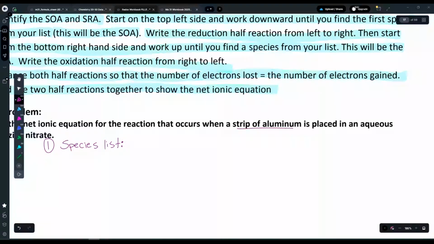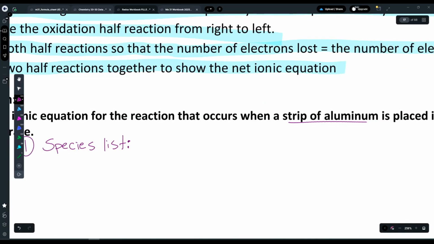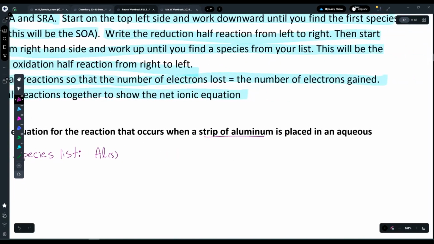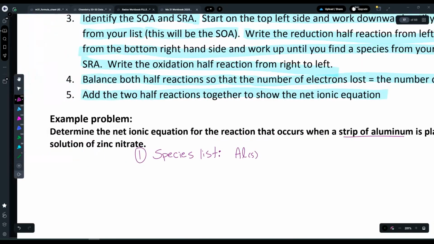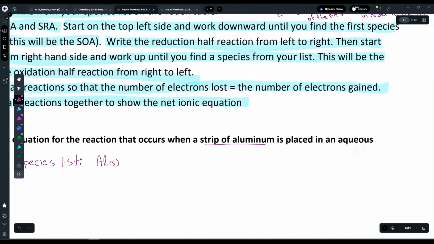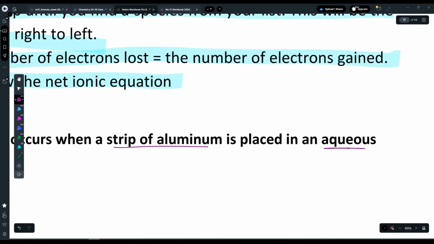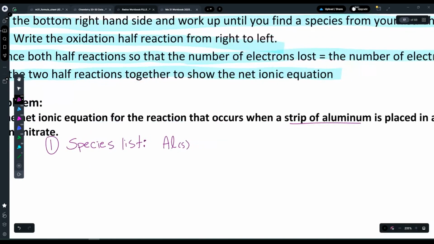So it says that we have a strip of aluminum, so that tells me that that is aluminum solid. Now it's placed in an aqueous solution of zinc nitrate. So aqueous tells us that we have water. So I'm going to list water.